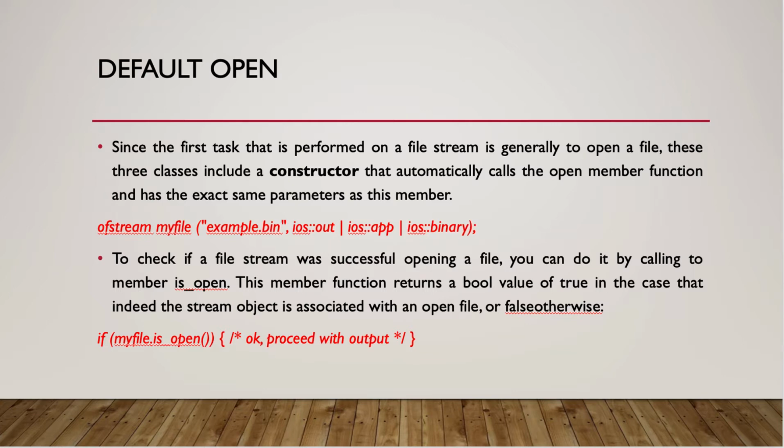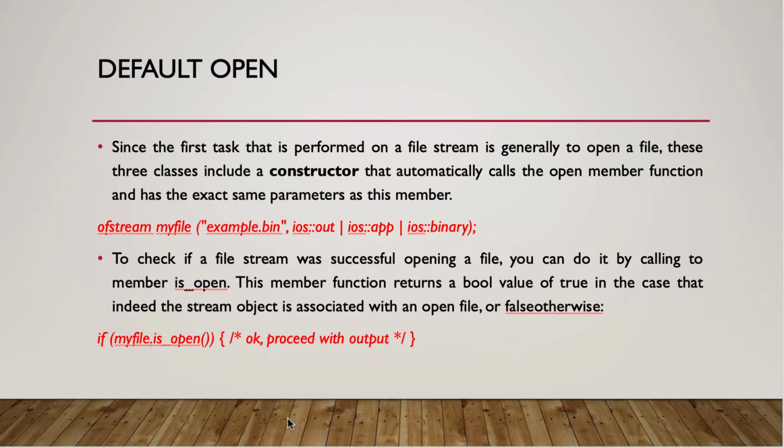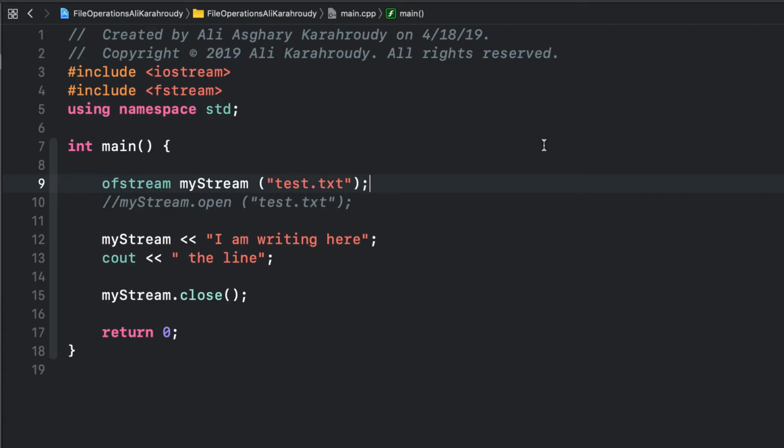To check if a file stream was successful in opening a file, you can call a member of this class called is_open. This member function returns a Boolean value of true in the case that the file stream object is indeed associated with an open file, or false otherwise. It actually acts like a safeguard for you to make sure the file that you're trying to use is already open. Let's see how it actually happens.